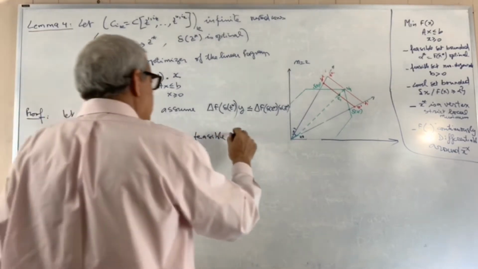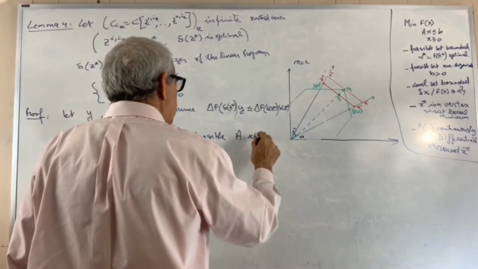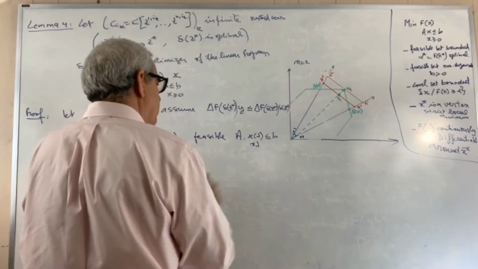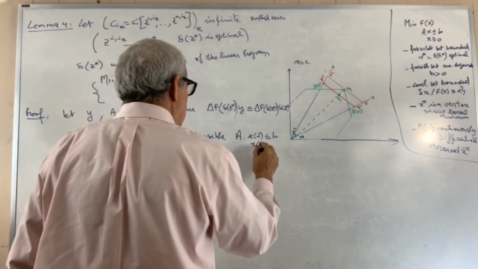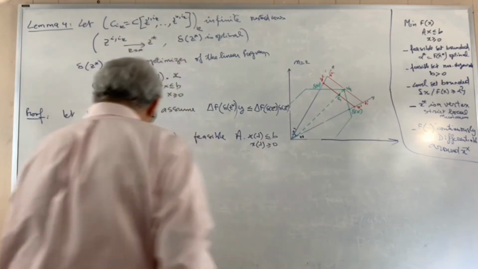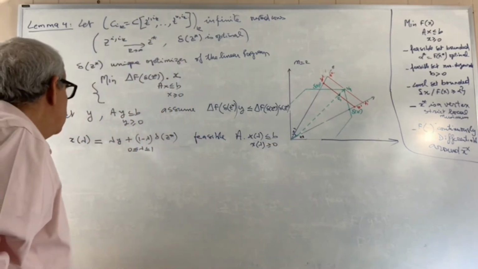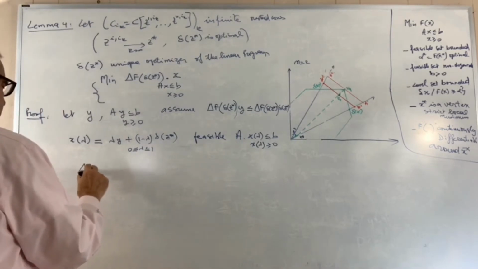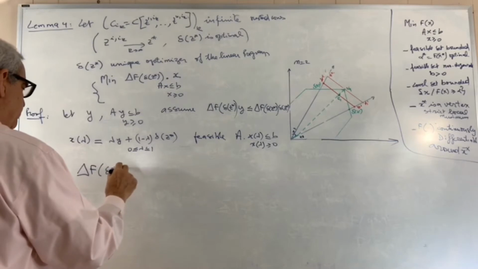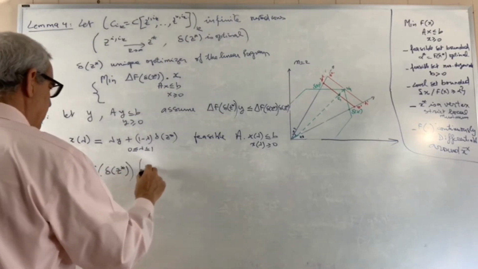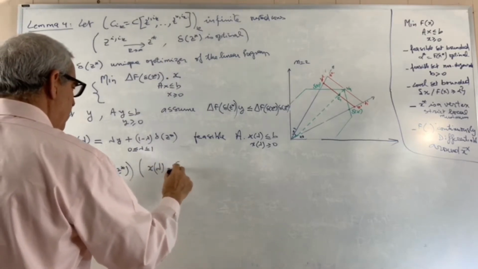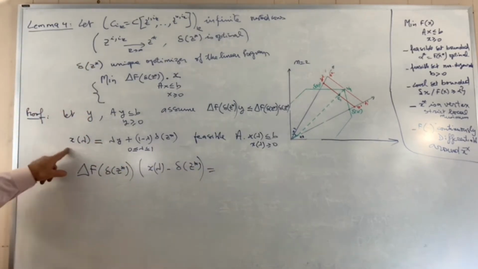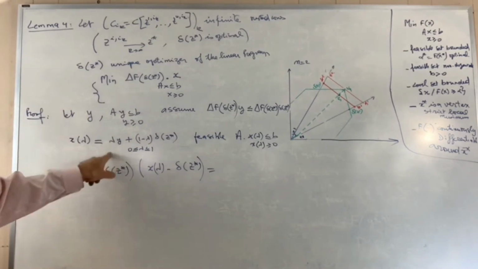In other words, A x of lambda is less or equal to b, and x of lambda is greater or equal to 0. Then if I take the gradient of f at delta z star times x of lambda minus delta z star, I plug in x lambda here.